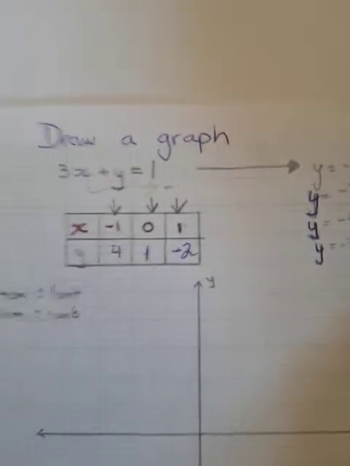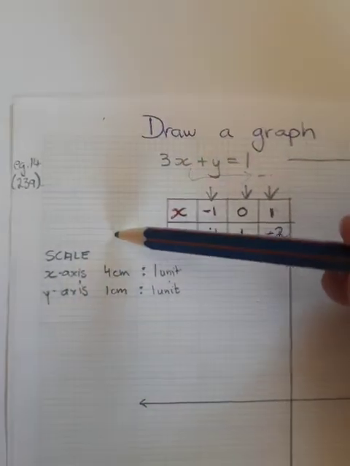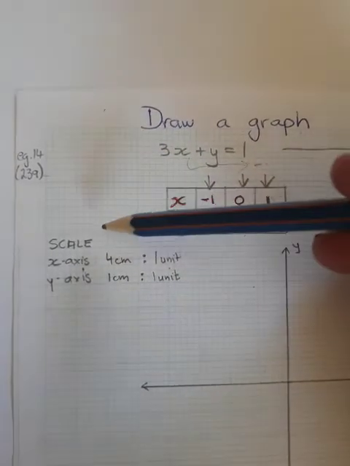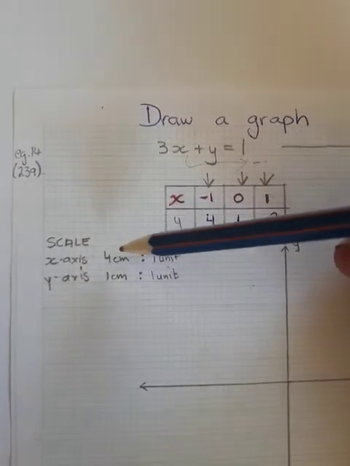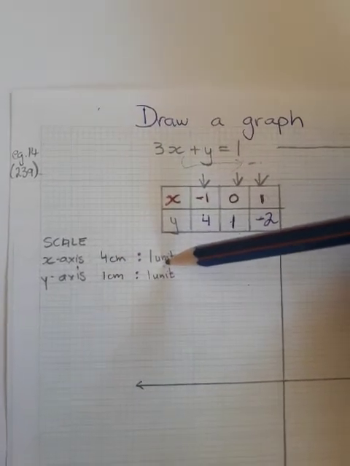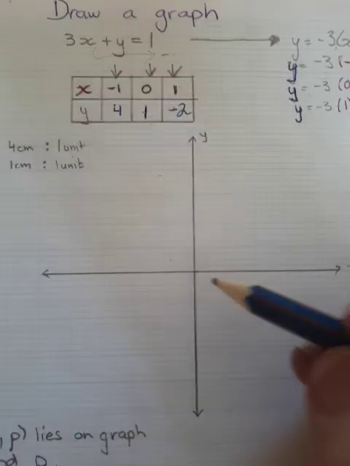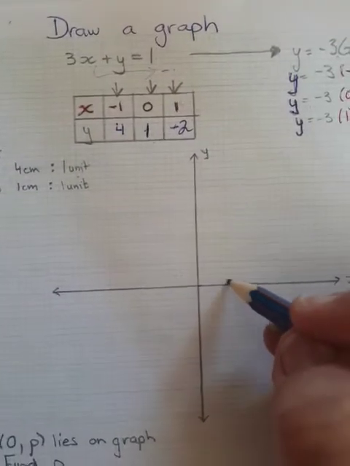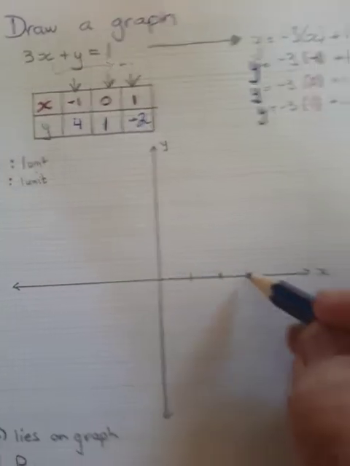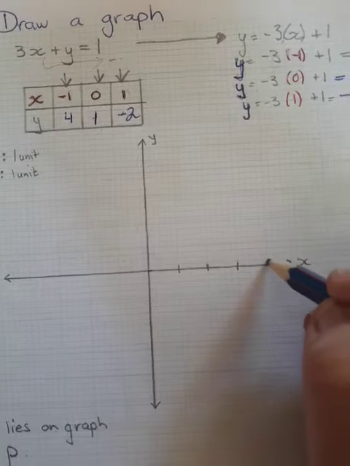Okay, but before we can get there, they are giving you a scale for the Cartesian plane. And they are telling you that on the x-axis, 4 centimeters must represent 1 unit. Now on the graph paper, the blocks that are indicated, I should say 5 little blocks, make up 1 centimeter.